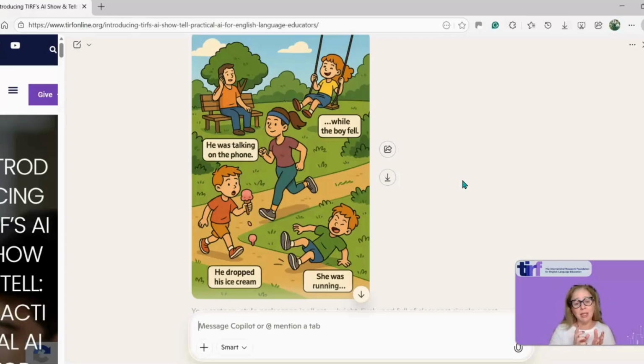So maybe what I can do if I really want to use the picture, I could ask students to create sentences, but this is not a ready sentence, and I should make a point in this. So maybe surprisingly or unintentionally, Microsoft Copilot gave me one more activity that I can use with my students.